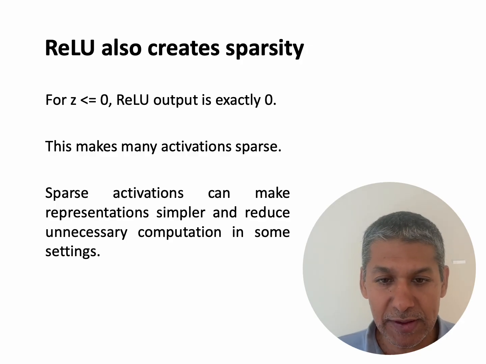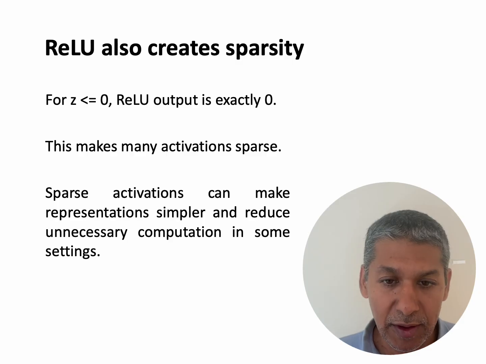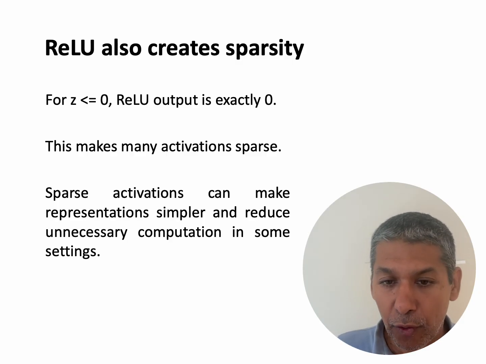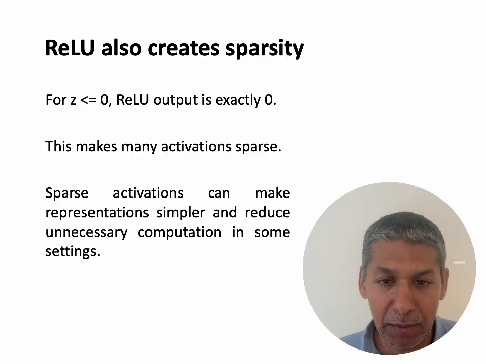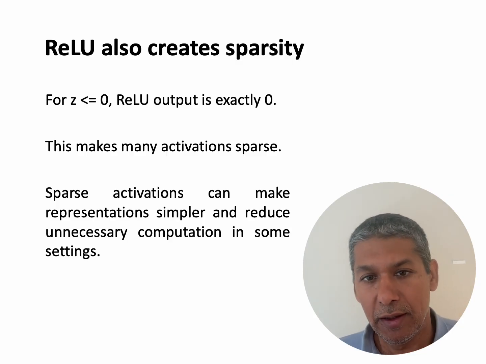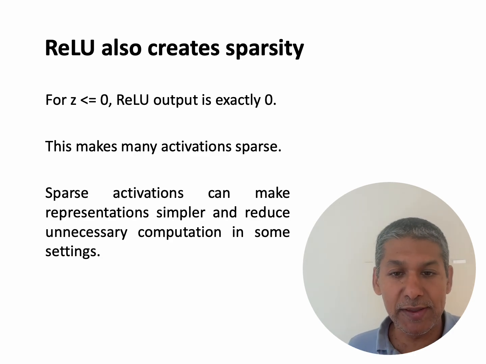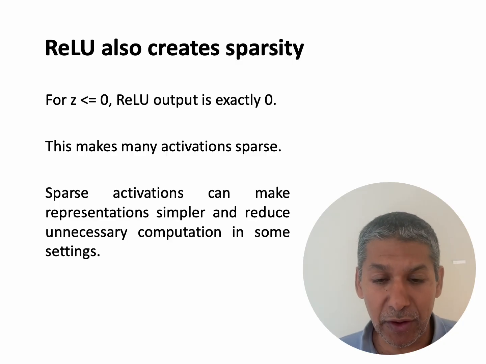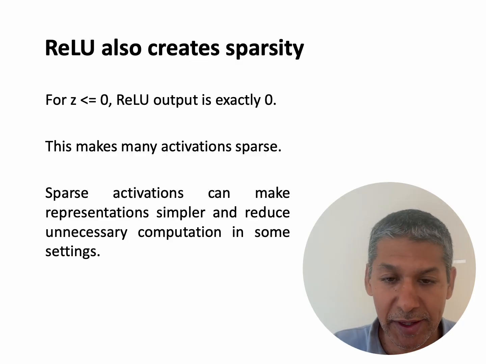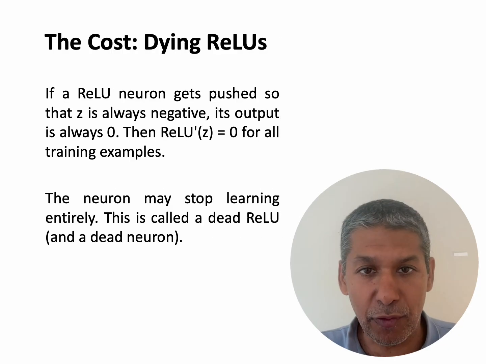If, for example, many of the neurons have z less than or equal to 0, the ReLU output is 0, therefore your overall function will become minimal. That makes activations sparse, which makes the representations simpler, more minimalistic, and reduces unnecessary computations in some settings. So that's also one significant advantage of ReLU.